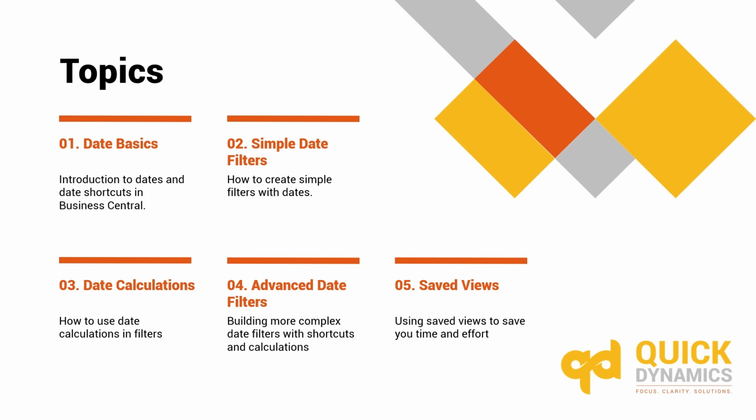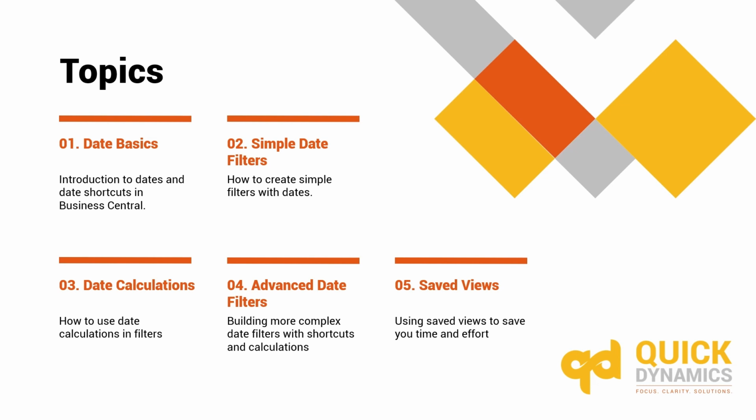Date calculations then allow you to manipulate the date that you've got, to look for a particular period, for instance, in the future or in the past. And then advanced date filters are more complex filters where you can combine some of these different elements to create ranges or specific dates that you want to look for. And then saved views are the ways to save those filters that you've already applied and then to reuse them in the future and share them with some of your colleagues if you want to as well.